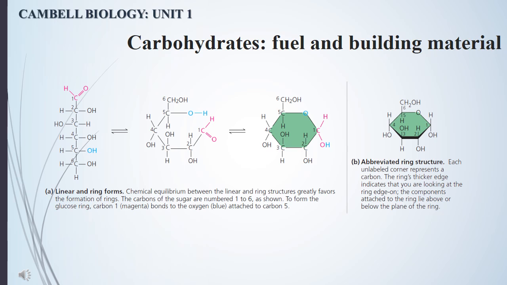So here is what happens with the linear and ring structure of sugars. Now we have a carbonyl group at the top and a hydroxyl group. And we have basically a covalent bond being made between the oxygen and carbon 1. So basically it's the oxygen attached to carbon 5 and carbon 1 itself.